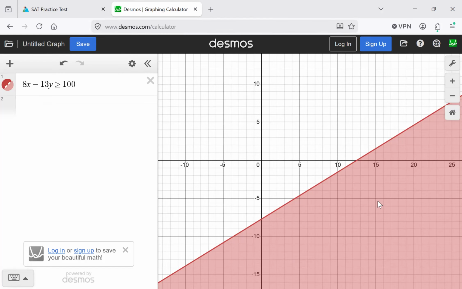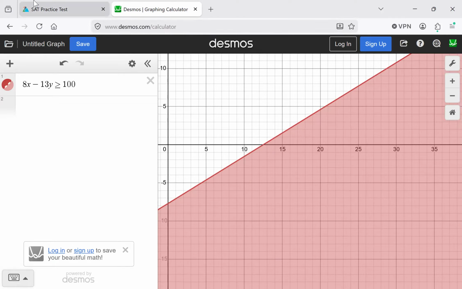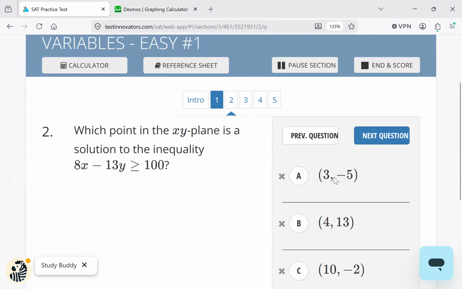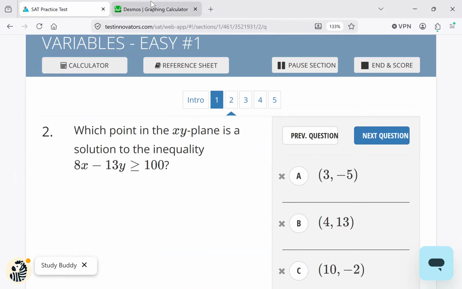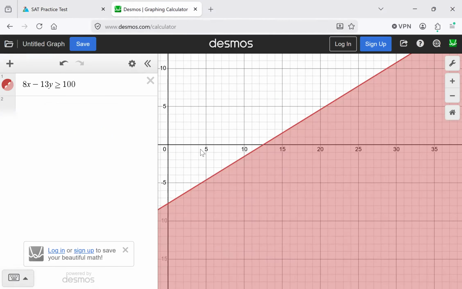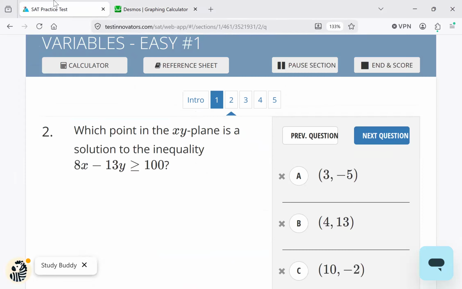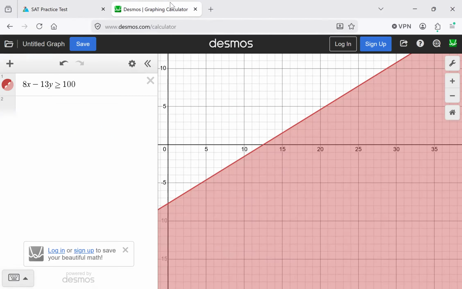Let's look at our points. Can we use the point 3 comma negative 5? No, it's not in the shaded region, so we can forget about that. Can we use the point 4 comma 13? No, 4 comma 13 is way up there. It's not in our region. What about 10 comma negative 2? That looks good.